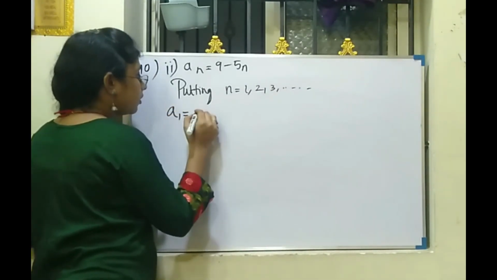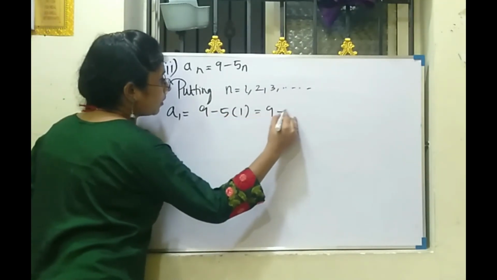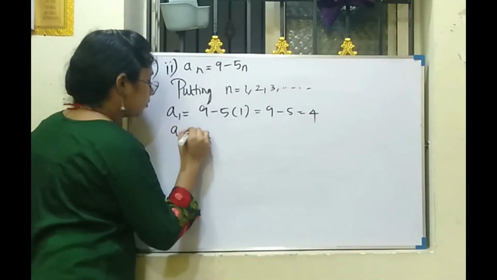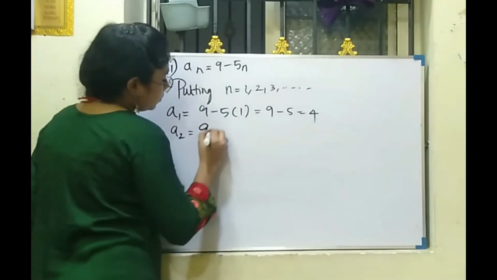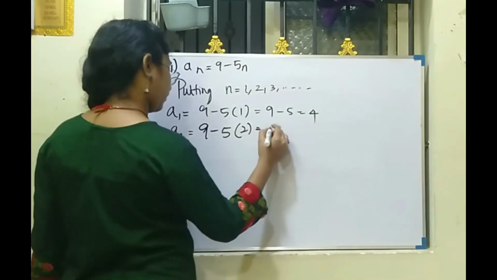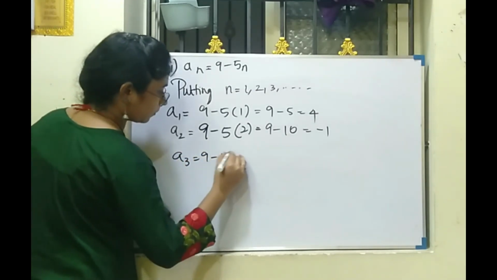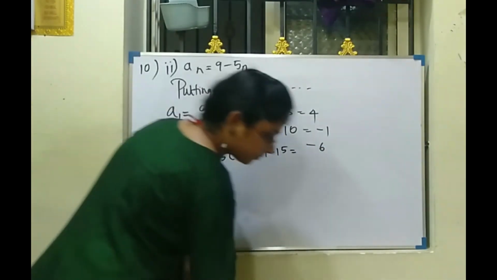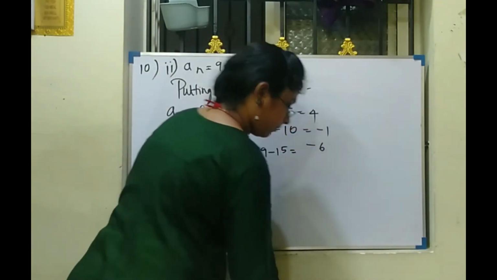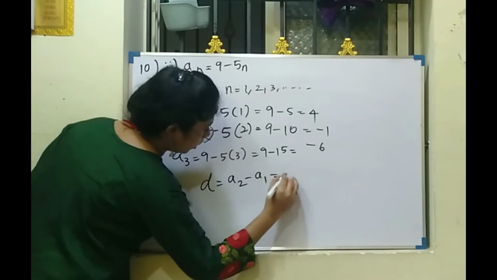Where a1 is equal to 4. A2 is equal to 9 minus 5 of 2. We have to find the value of D. How to find the value of D?